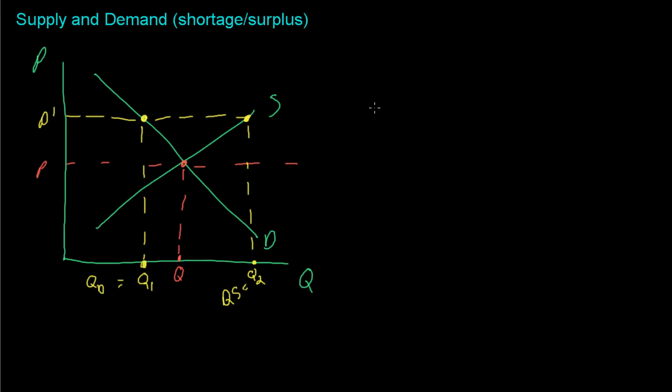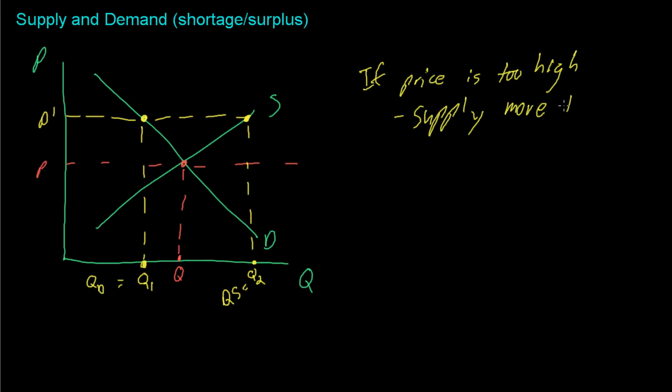So if price is too high, then we supply more than demanded. And I should say that this is the quantity supplied is more than the quantity demanded.